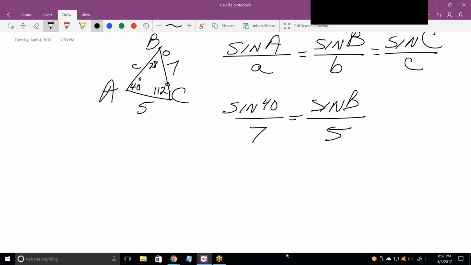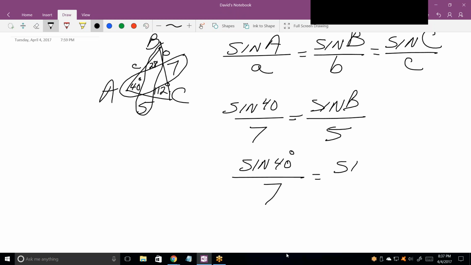Remember, all we need is one fixed relationship, and we actually have 2. Choose either one. You would do just sine A, which is 40, over 7 equals sine of 112 over C. Correct.